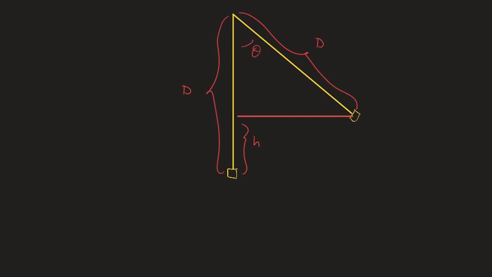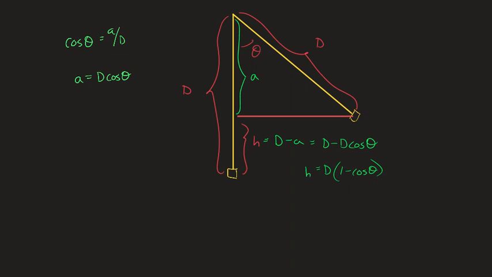So I'd argue that this is the adjacent side. So cosine of theta is going to be A over D. So the adjacent side is D cosine theta. We don't want D. We want H, which is D minus A, which has to be D minus D cosine theta, which is D times 1 minus cosine theta. And yes, I believe this is what I'm memorizing.